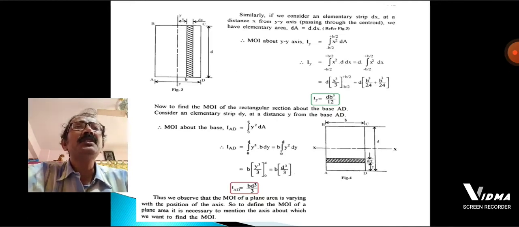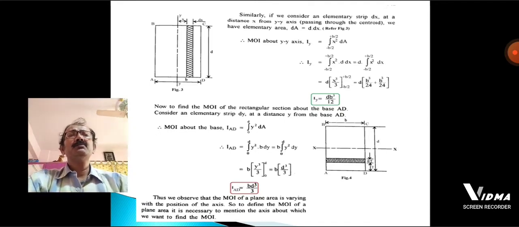So the moment of inertia about the y-axis, Iy, is the integration from minus b by 2 to plus b by 2 of x square dA. Putting the value of dA, Iy is the integration from minus b by 2 to plus b by 2 of x square dx, and finally Iy is db cube by 12.